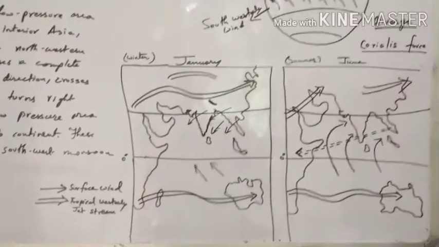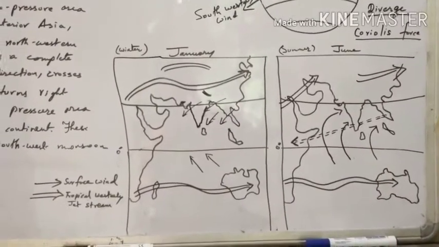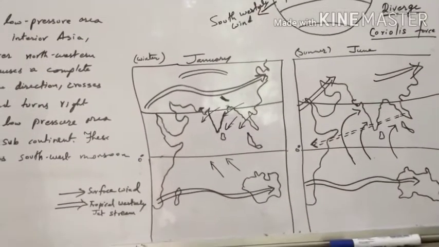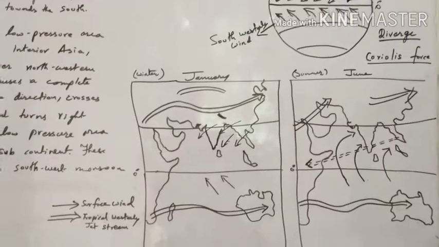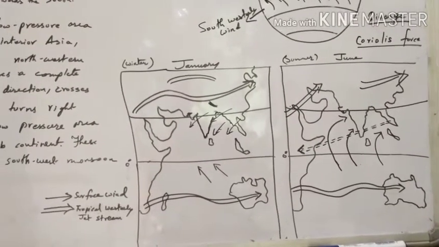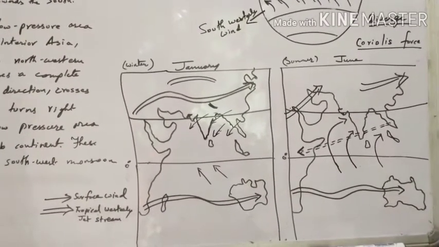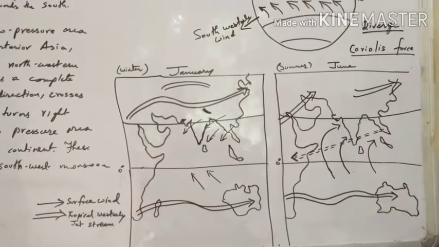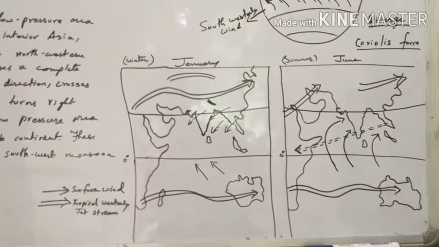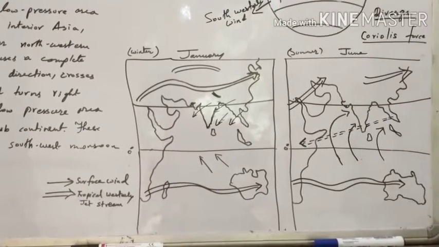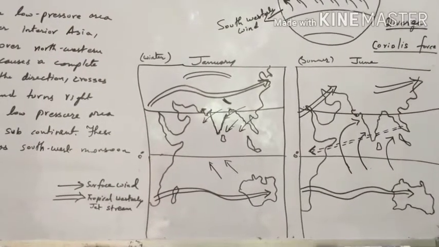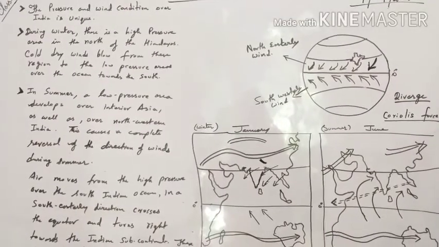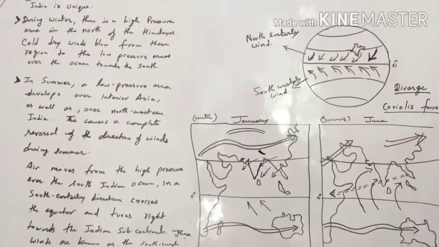That means there is arid land, and deserts are there in Mongolia. Those regions become very hot during summer, and it is the place where the low pressure area is created. A low pressure belt gets created there because the sand gets heated very fast. So this causes a complete reversal of direction of winds during summer.